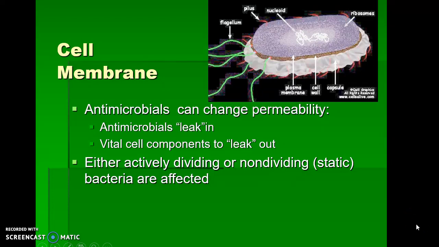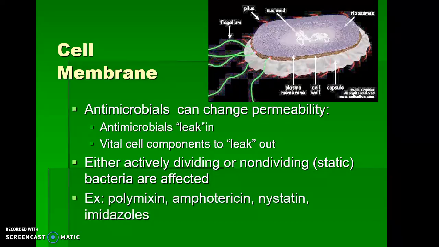In this case, we don't need for the colony to be actively dividing. It can occur in bacteria that are already in place. Some examples of this are polymyxin, amphotericin, nystatin, and the imidazoles that are antifungals.